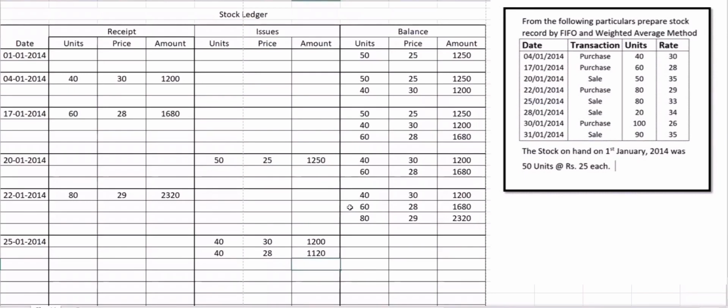After that, how many units are we left with? After issuing this 40, from these 60 units we will be left with 20 units at the rate of rupees 28 per unit, that is 560 rupees.